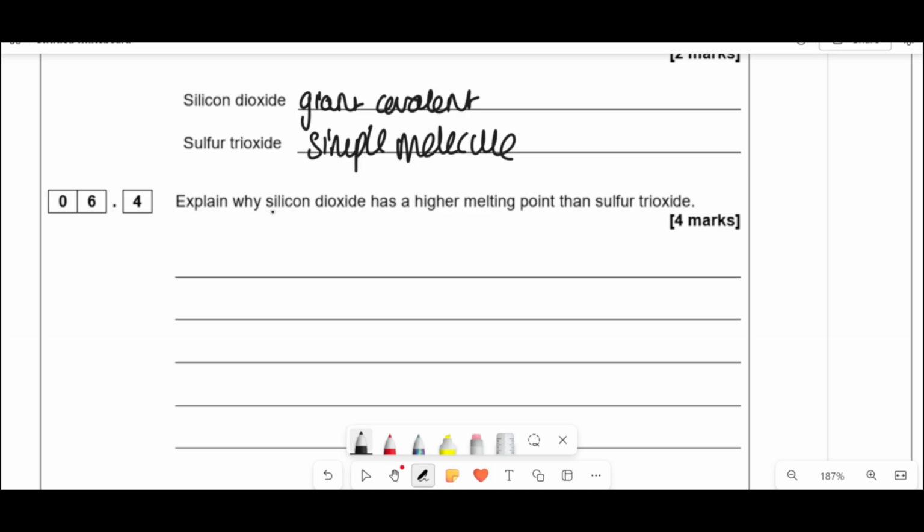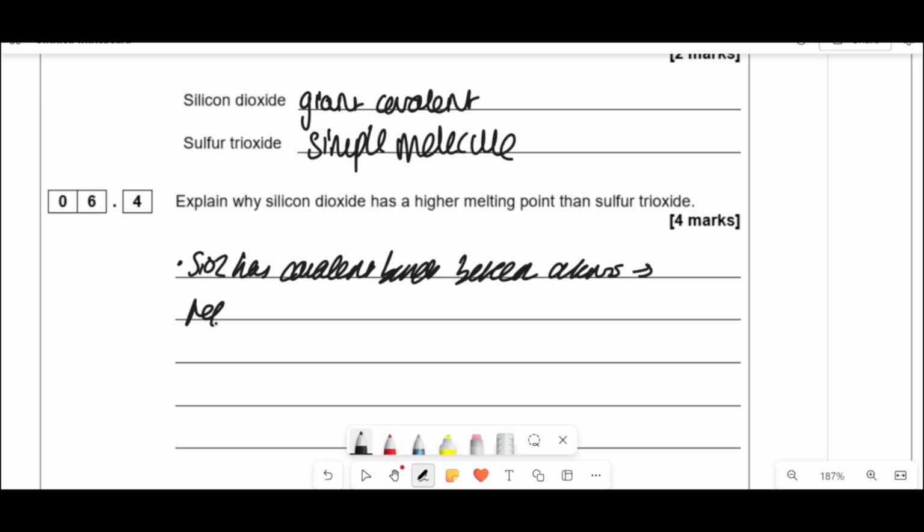So it says in the question as well that silicon dioxide has a higher melting point. So it must be that the bonds we're breaking here, the covalent bonds, are stronger than the ones we're breaking here, which are the van der Waals forces. So that's exactly what you're going to say. SiO2 has covalent bonds between atoms.